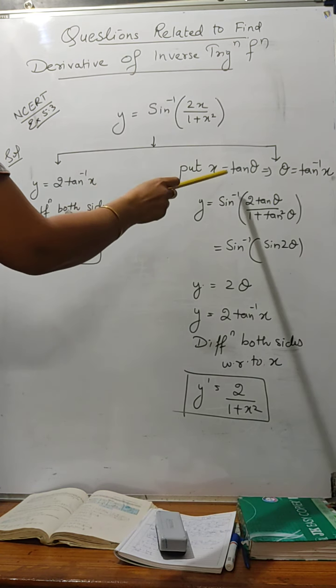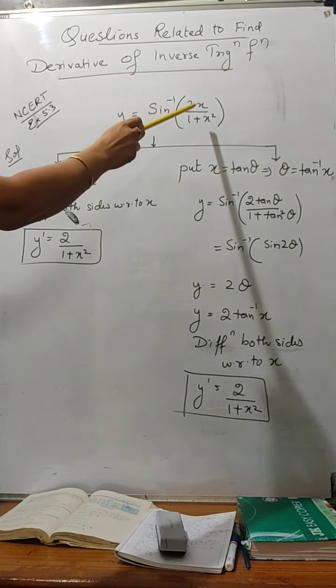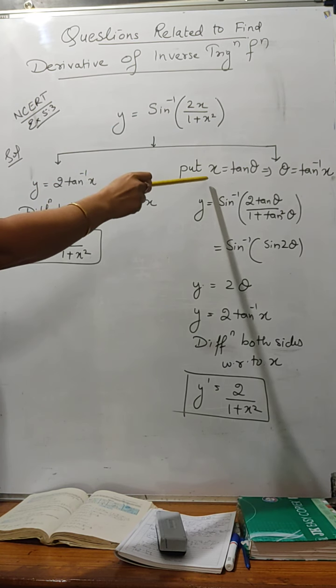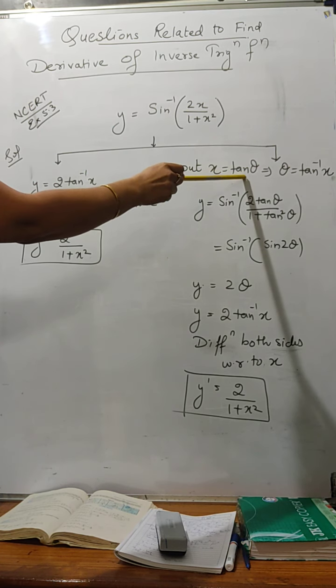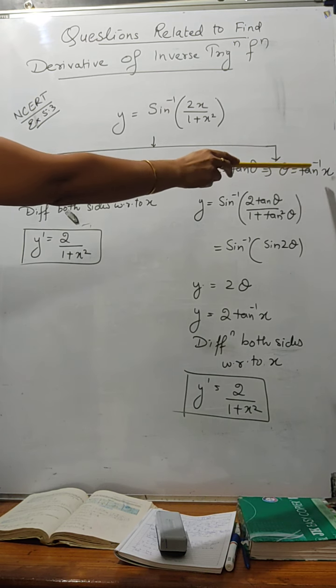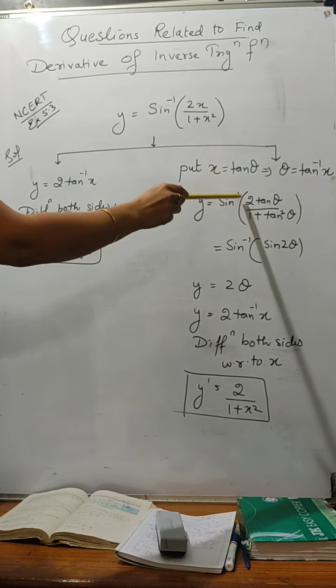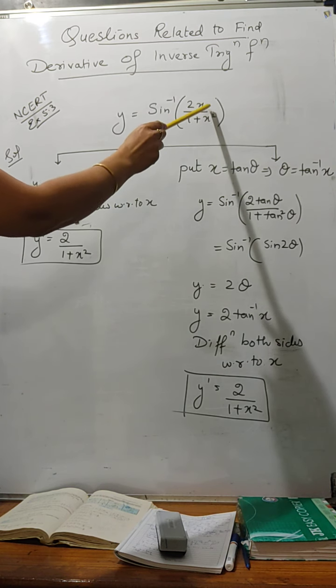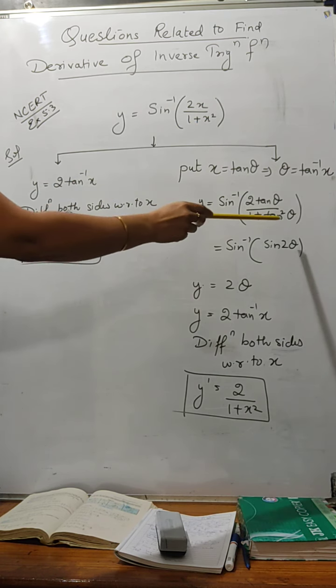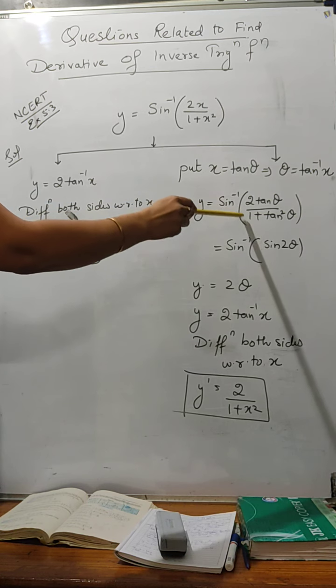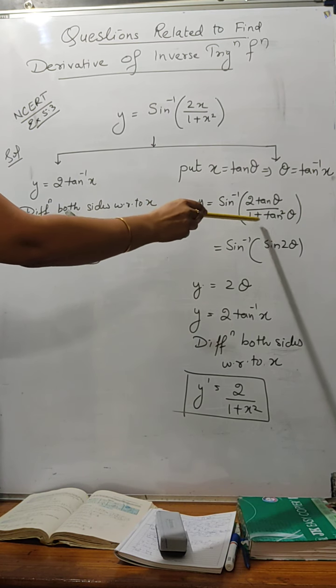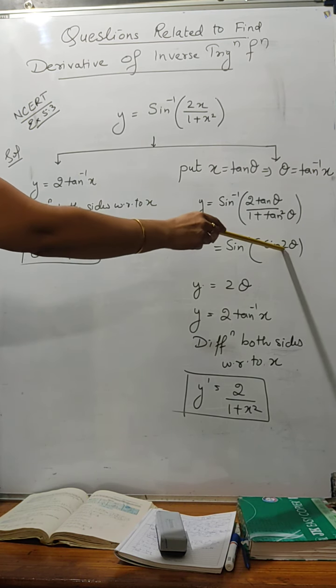For more than 1 mark, sine inverse of 2x upon 1 plus x square, substitute x equal to tan theta, therefore theta will be equal to tan inverse x. Then y will be written as sine inverse of 2 tan theta upon 1 plus tan square theta, and this formula you remember from class 11, 2 tan theta upon 1 plus tan square theta is sine 2 theta.